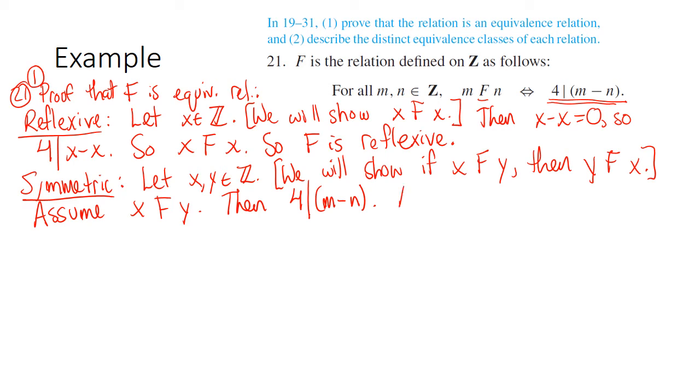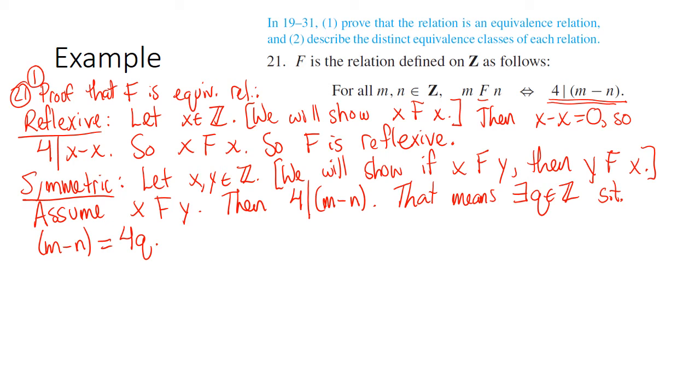So what does it mean that 4 divides x minus y? That means there exists some integer, which I'm going to call q, you can call it whatever you want, such that x minus y equals 4q. So that's what it means for 4 to divide x minus y.